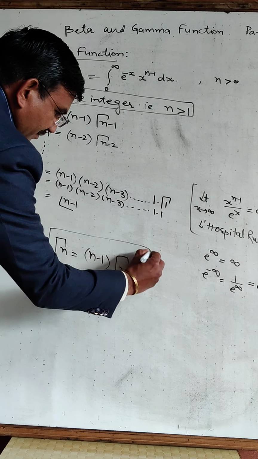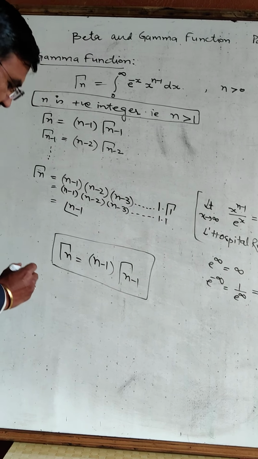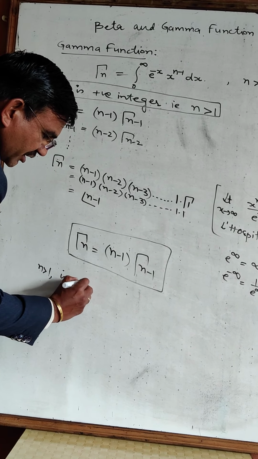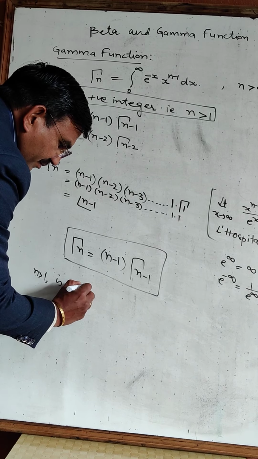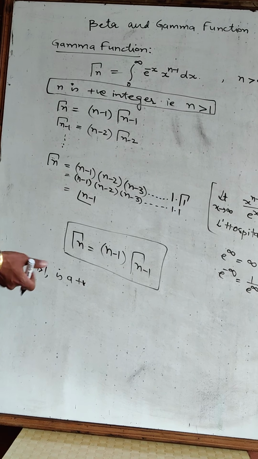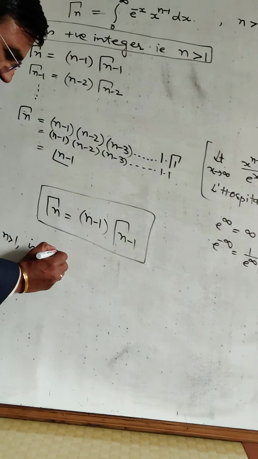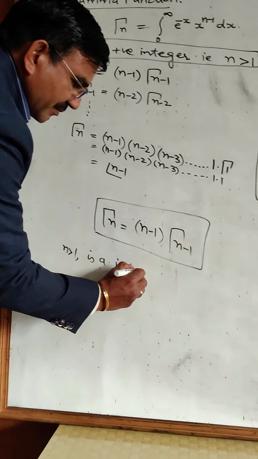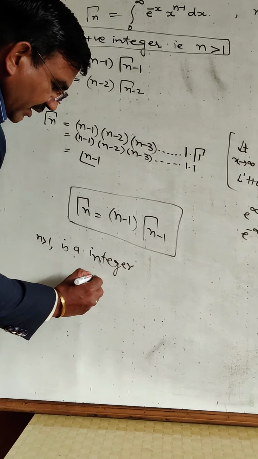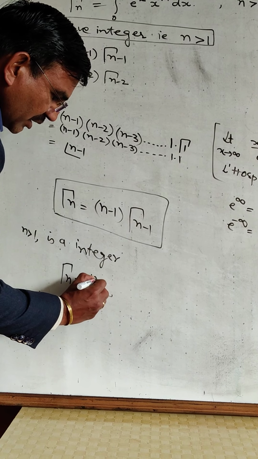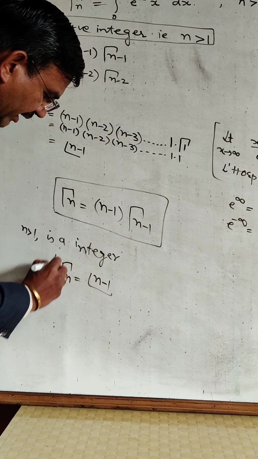And in the particular case, if n greater than 1 is a positive integer, then we have shown gamma of n would be equal to factorial n minus 1.